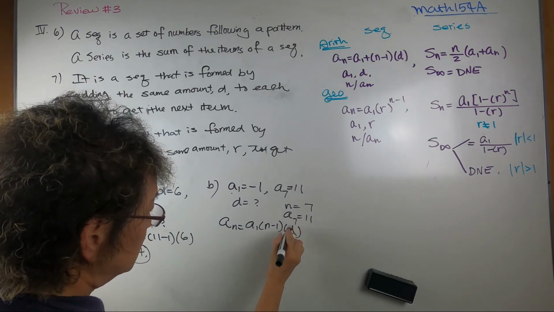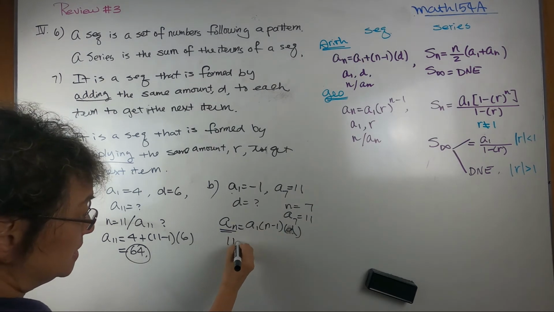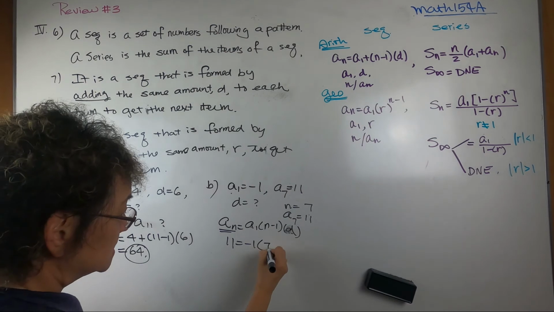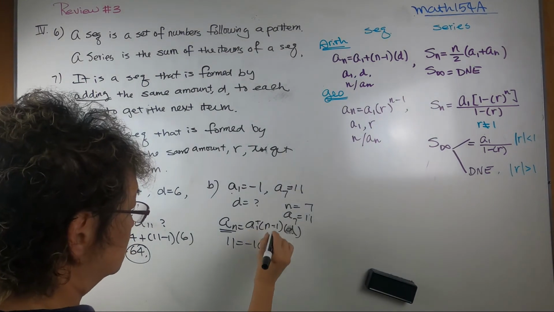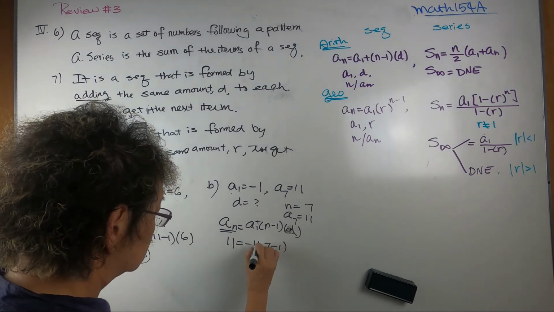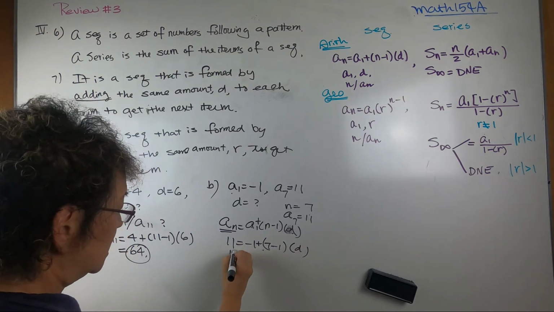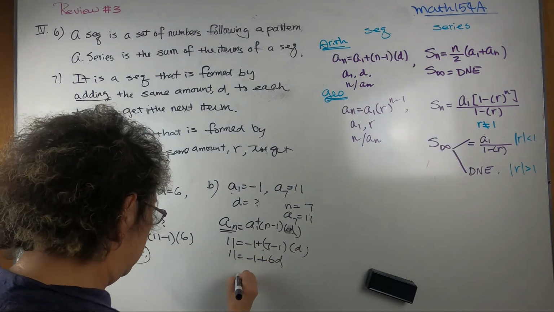Then we don't know the D, but we know A7. A7 is 11 equals A1, negative 1, plus, N is what? 7, 7 minus 1, here is plus, right? Times D. So we have 11 equals -1 plus 6D.